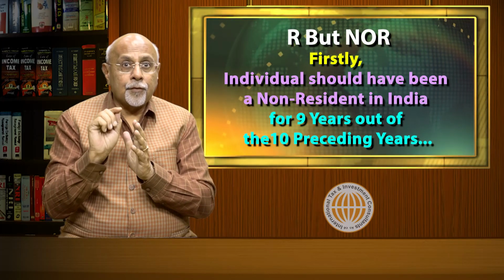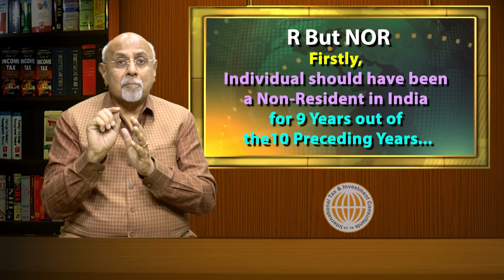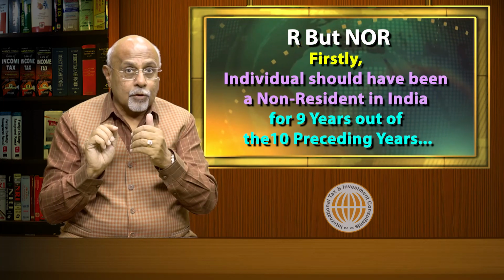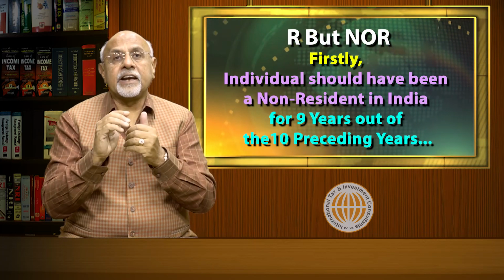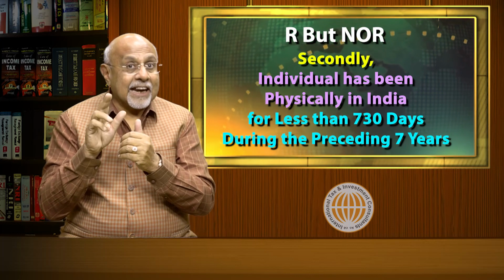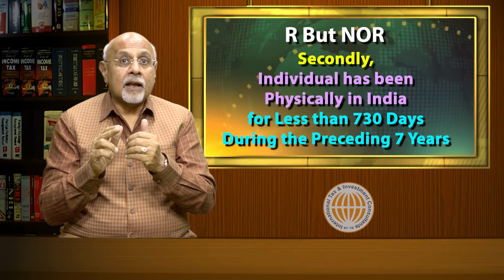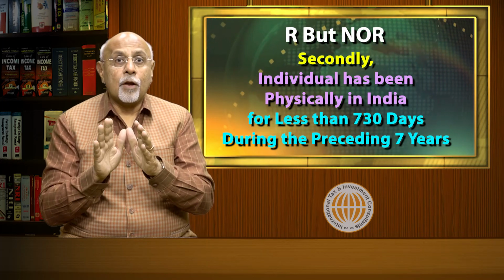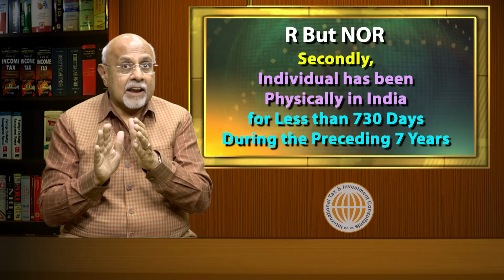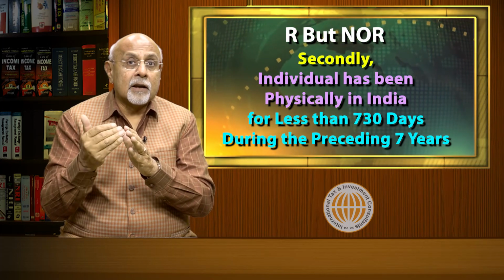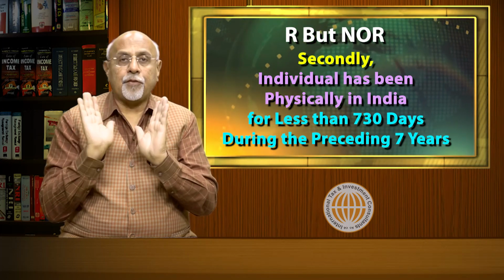Firstly, if he has been a non-resident for 9 out of the 10 years preceding the relevant financial year. Or the second condition being, he has physically been in India for less than 730 days during the 7 years preceding the relevant financial year.